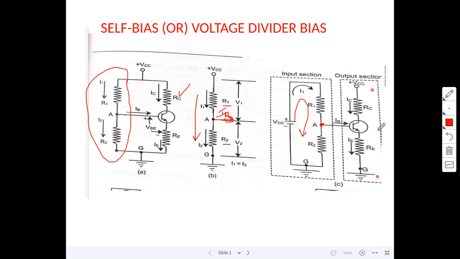This is the output section: RC, RE and the transistor. This is the base terminal.